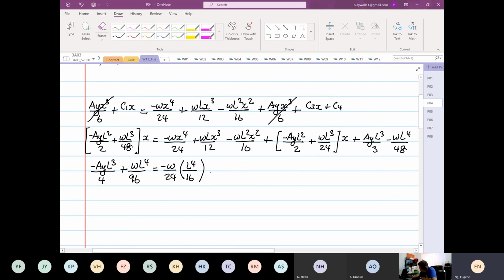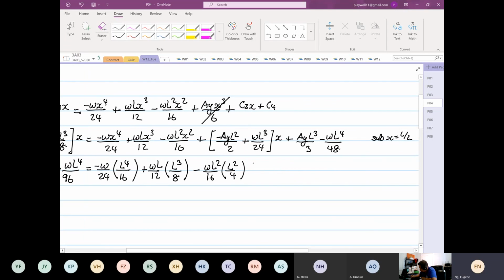Then plus, but you have to be really, really careful over here. A lot of times students make a mistake here. 2 to the power 3 is 8 minus by omega L squared over 16 L squared over 4, right?